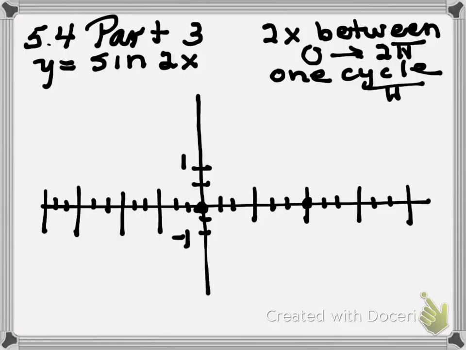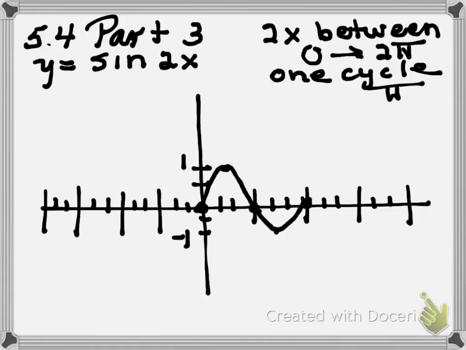It's going to be at 0 for pi over 2. And halfway in between 0 and pi over 2, which is pi over 4 or 45 degrees, it's going to go to 1. And halfway between pi and 3 pi, it's going to go to negative 1. So that one cycle finishes by pi.